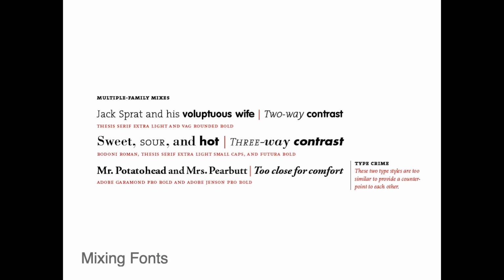They're still so close to each other that it's like, what's the point? If you're going to spend the time to go back in your document and change the font, you want it to be more like the first line, where you see the voluptuous wife is so different from Jack Sprat and his. So there's a reason for it. It doesn't seem sloppy. It seems really thought out.